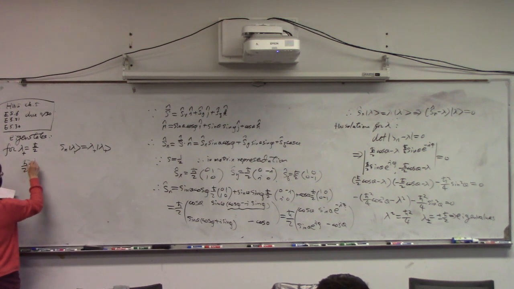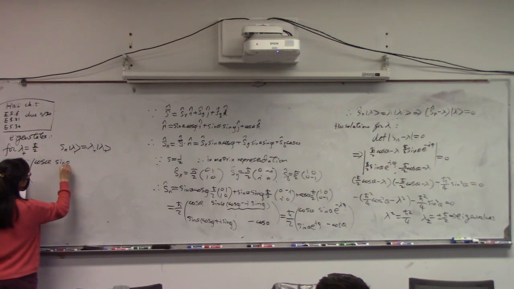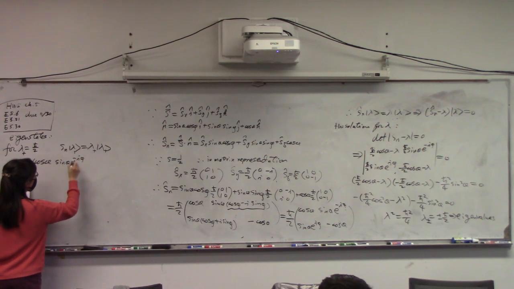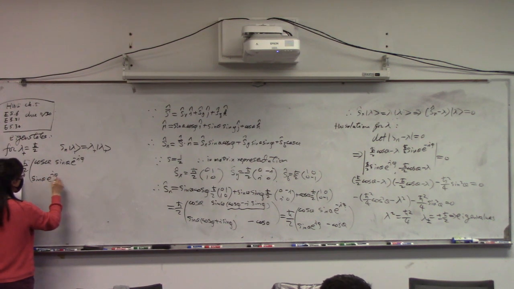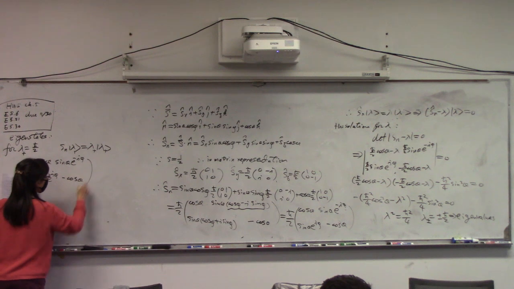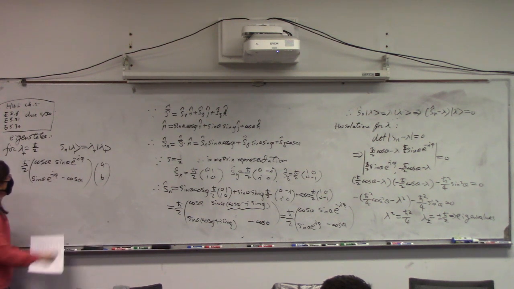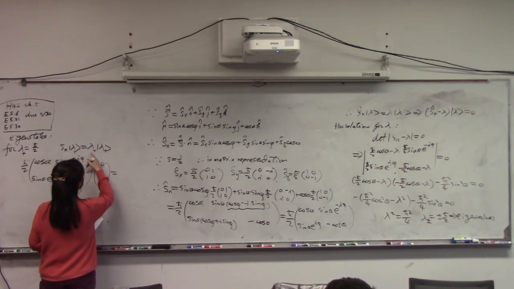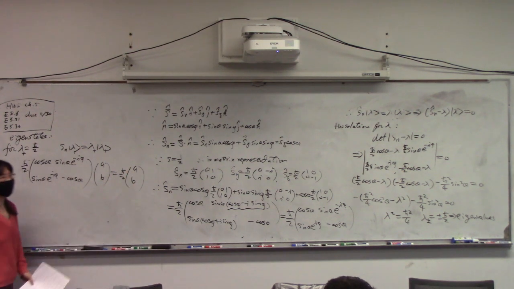Half h bar, cosine theta, sine theta exponential minus i phi, sine theta exponential i phi, and minus cosine theta. So here we are going to find this matrix element, lambda plus, and lambda plus is a half h bar. So we are going to solve this equation.